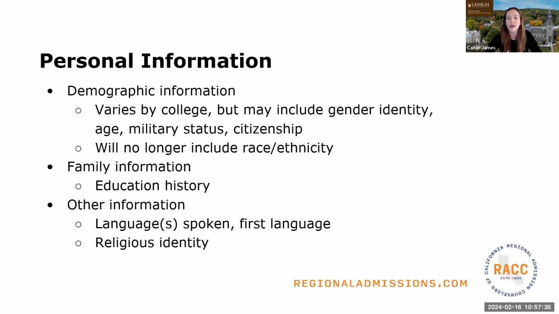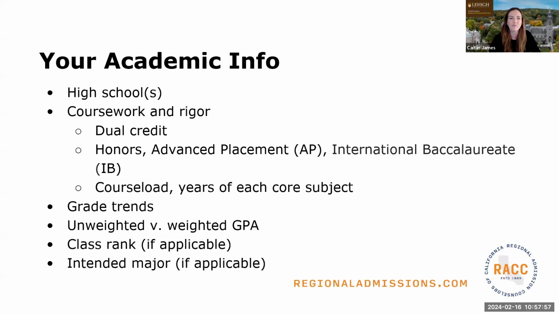That's a common one that I often see, but I see a lot of other students that might speak other languages at home, but you're speaking English at school, which is awesome. Tell us all about those languages. We certainly want to know. And then religious identity. A lot of these times, they're not always required for you to include all of these things, but we do see that the more you share with us, the more helpful that might be for us to understand your background.